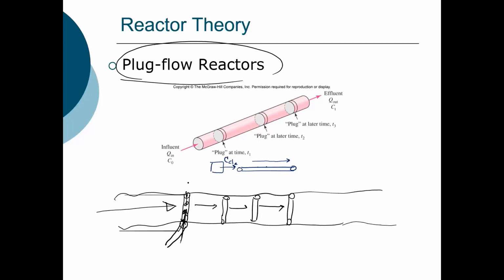We will typically model this flow right here as a CSTR, so we'll assume we have instantaneous mixing at that point. But then once we have mixing, the flow downstream will be plug flow.